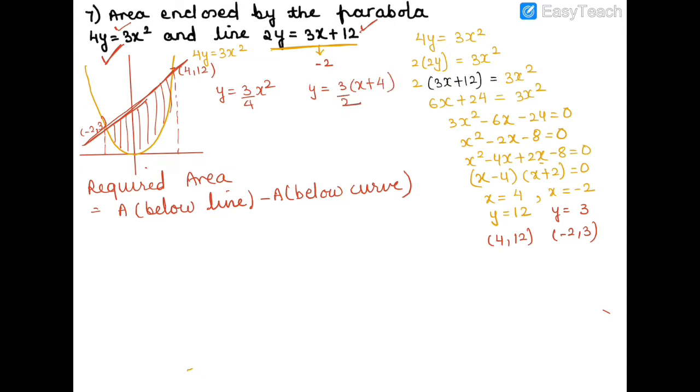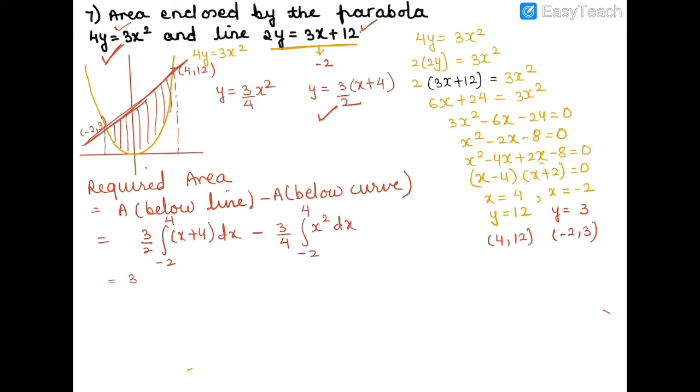So that I get systematic equations, smaller ones, and therefore area below the line की ये equation थी 3 by 2 and x plus 4 dx, limit is minus 2 to 4, x coordinate की limits देख रहे हैं, minus area below the curve की equation है 3 by 4 and x square dx, limit is minus 2 to 4.